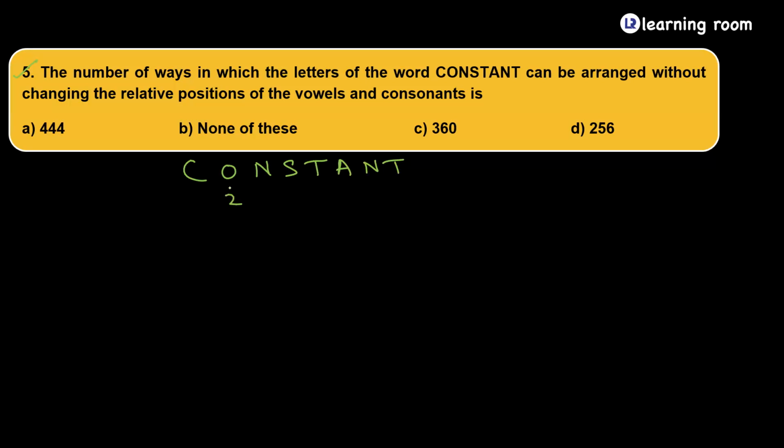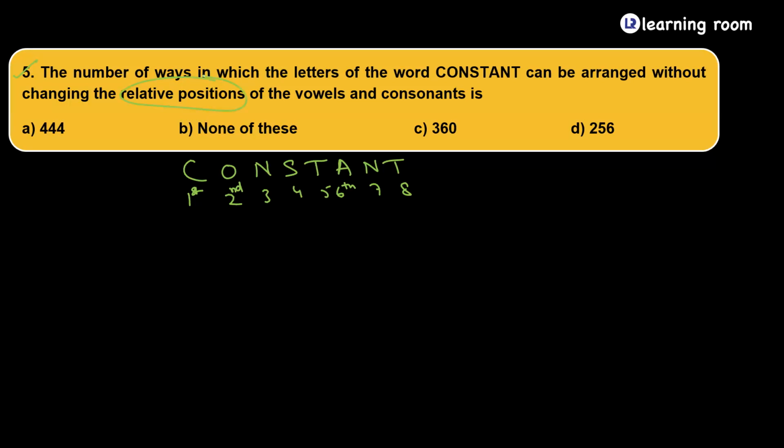O and A. O is in the second position, A is in the sixth position. What about the consonants? First, third, fourth, fifth, seventh, and eighth. So it is totally comprising of 8 letters. So O and A can be interchanged among themselves only between the second and the sixth position. That is the meaning of relative positions.